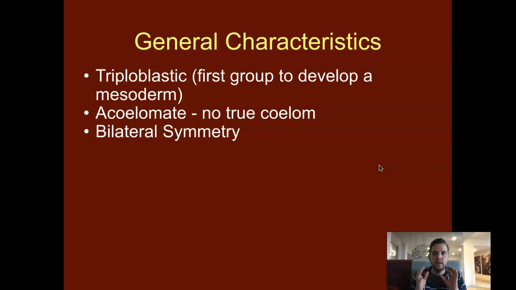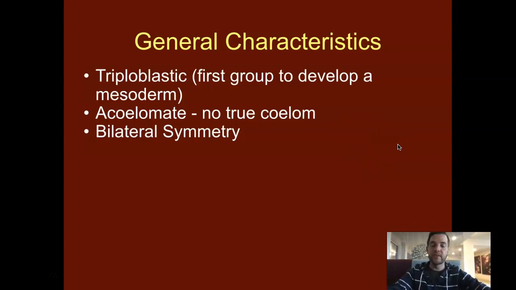Bilateral symmetry is indicative of the fact that this organism is likely more of a predator, something that has more ability to actually decide a direction to go and go in that direction. That is something that really starts to happen with bilateral symmetry.